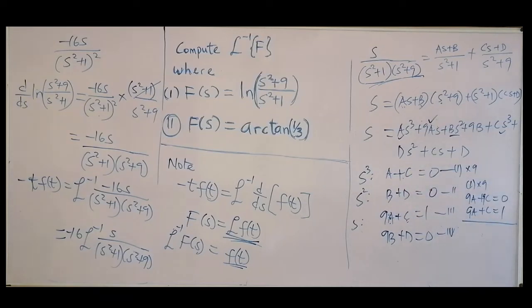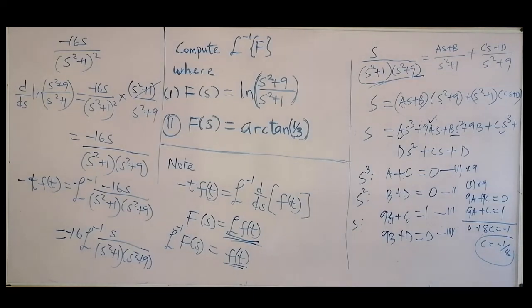Then we subtract: this will be 0, this will be 9c minus c, that's 8c = -1. So c is -1/8.